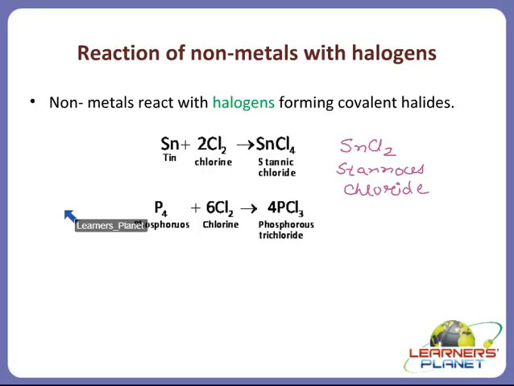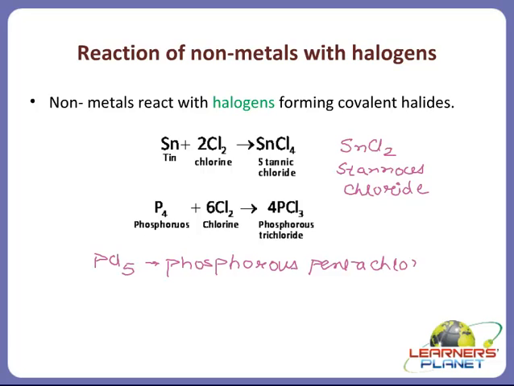Likewise, phosphorus P4 reacts with chlorine and forms what? Phosphorus trichloride. One more chloride phosphorus forms, that is phosphorus pentachloride, PCl5. As the name indicates, what will be the formula of phosphorus pentachloride? PCl5.